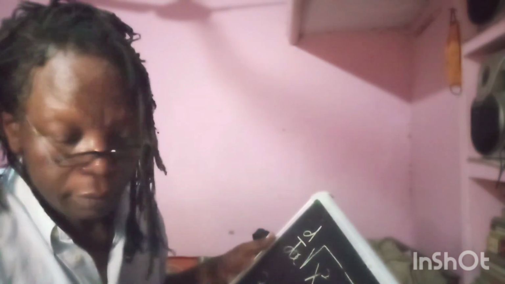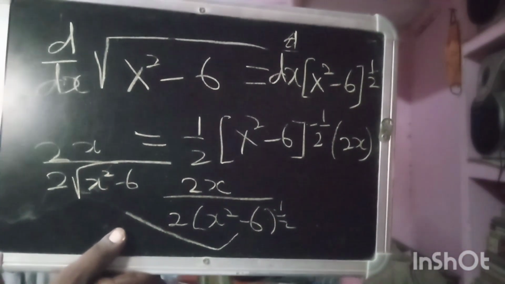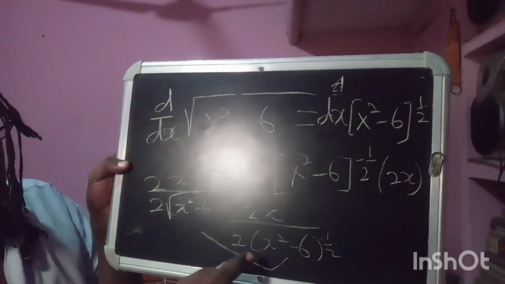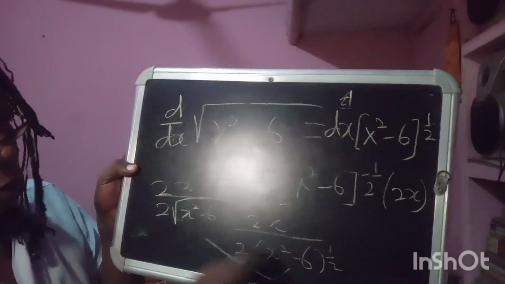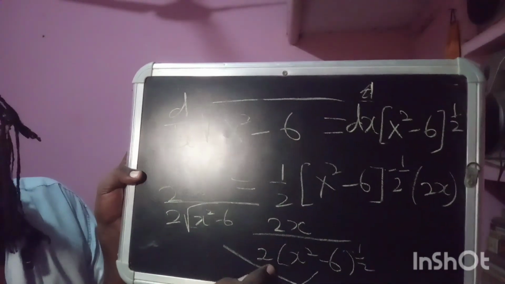Instead of writing this, you can just write it like this: x over the square root of x squared minus 6. We have brought the radical back, which means the same thing actually. This means the same thing as this, and this is x squared minus 6. So we have put the radical back. The x is on top, and the 2 is here.